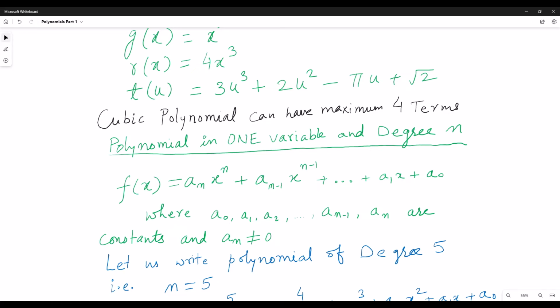Right? The exponent of x is n. So if a_n is not 0, then the degree of this polynomial is n, because the maximum exponent is n. Suppose a_n is 0, then the first term will become 0. So the degree of this polynomial will not be n, right? So this is important: a_n must not be 0.